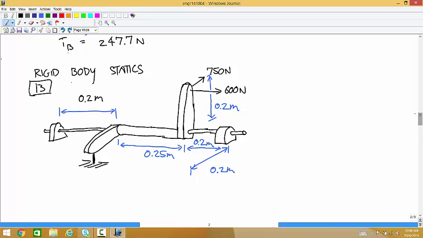Well, I guess that's getting ahead of myself. Let's do the free body diagram first. Oh, that's even getting ahead of myself because I need to tell you that this point is called A, and this point is called B.